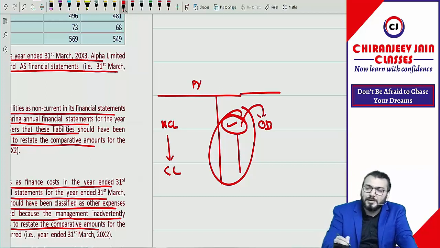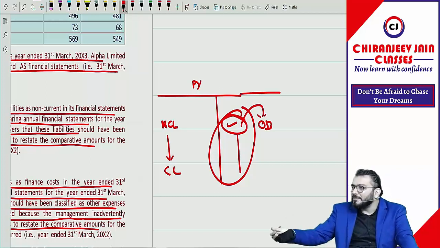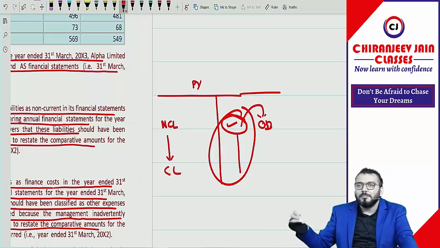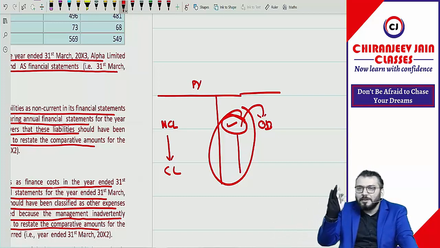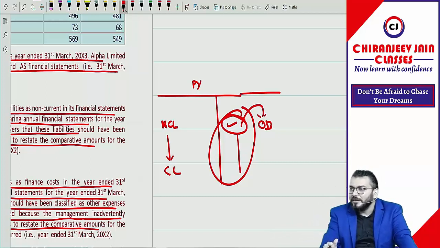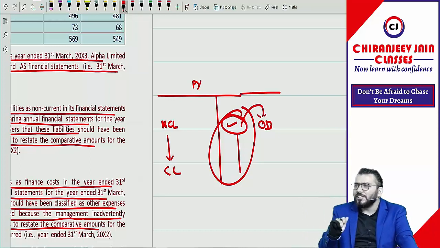This is a previous year balance sheet. How can you assume that it does not have an opening balance? This is a wrong assumption, I will say.